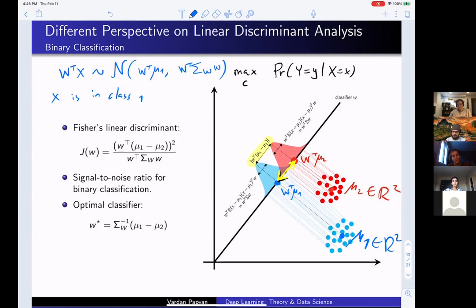And so this is what's written here, W transpose sigma W. In simple words, this quantity measures the width of the Gaussian. So we have two fundamental quantities here: the distance between the means and the width of the Gaussian. If you were tasked to find a good classifier, what would you do?